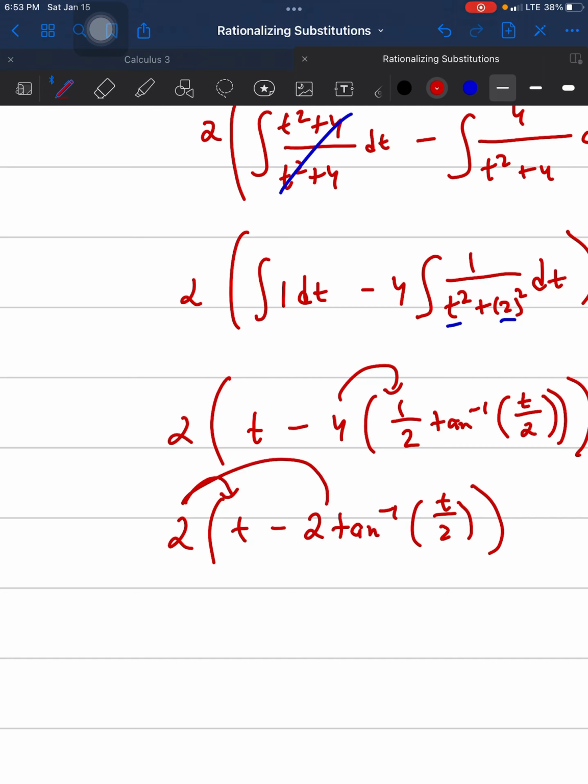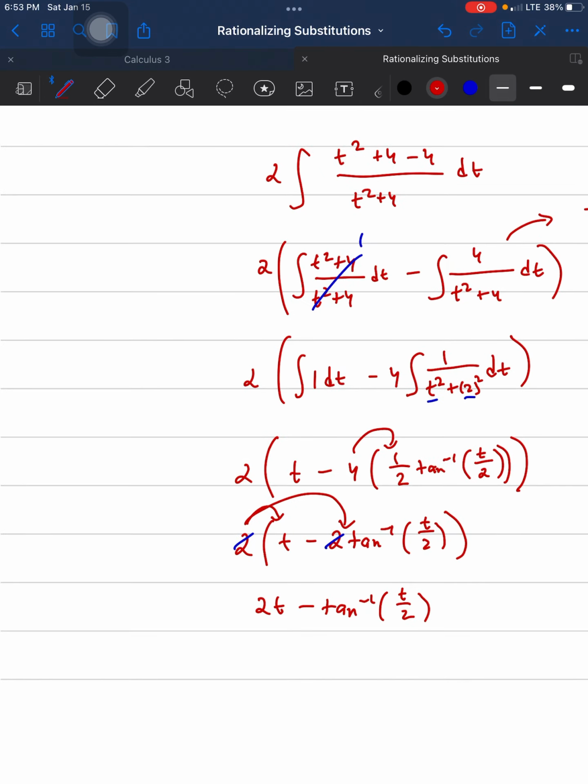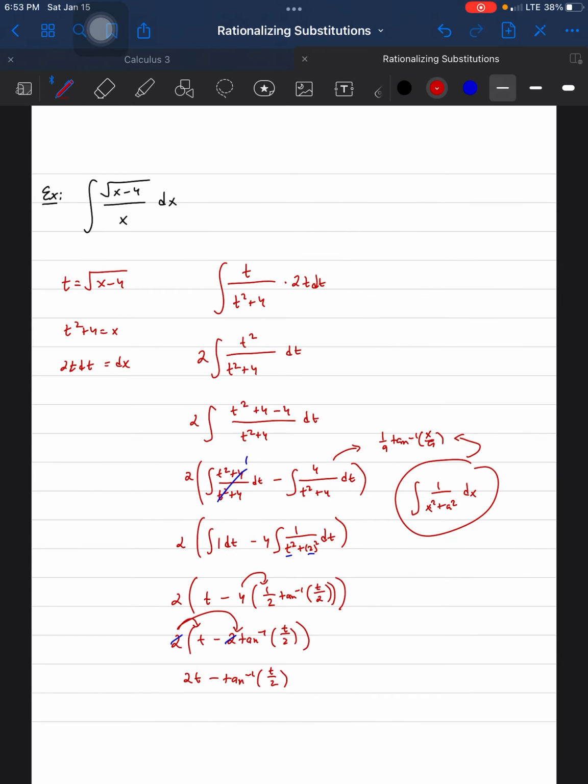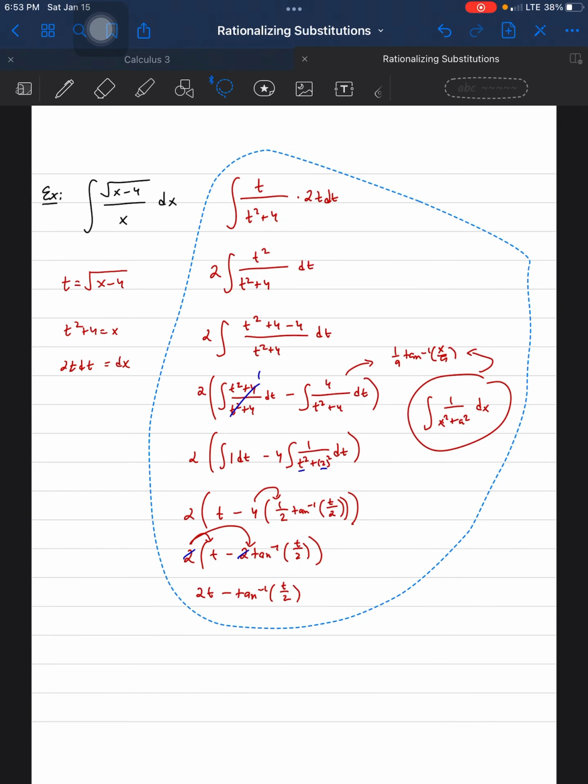Before we switch back to x, let's distribute this 2 as well. We cancel this 2 and this 2, and we get 2t minus 2 tan inverse t over 2. Alright, so this is what we get so far.